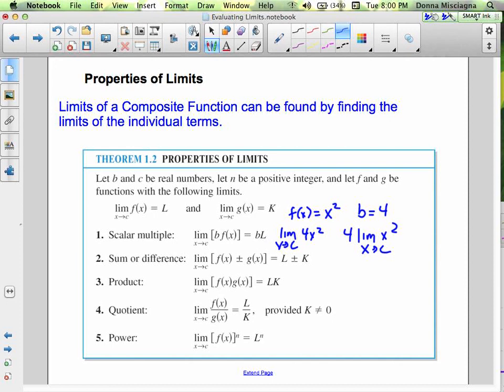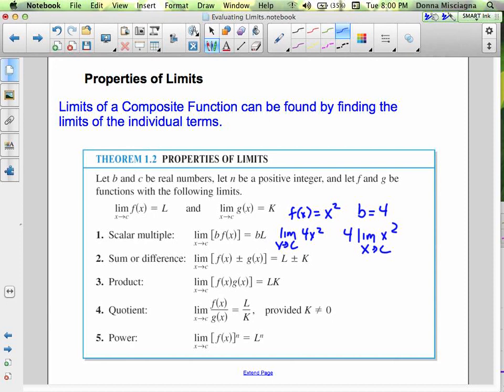Sum or difference. So the limit of f of x plus or minus g of x as x approaches c is equal to L plus or minus k. In other words, the limit of a sum or difference is equal to the sum or difference of the limits.